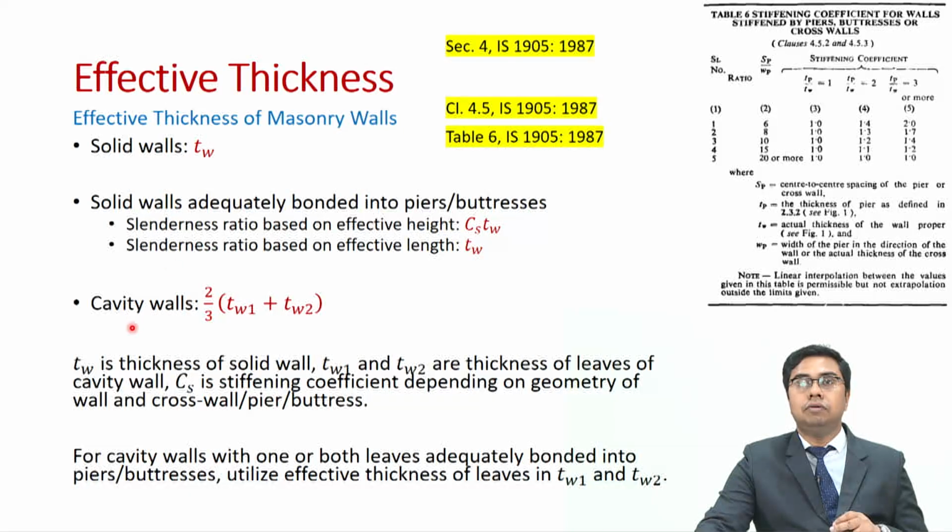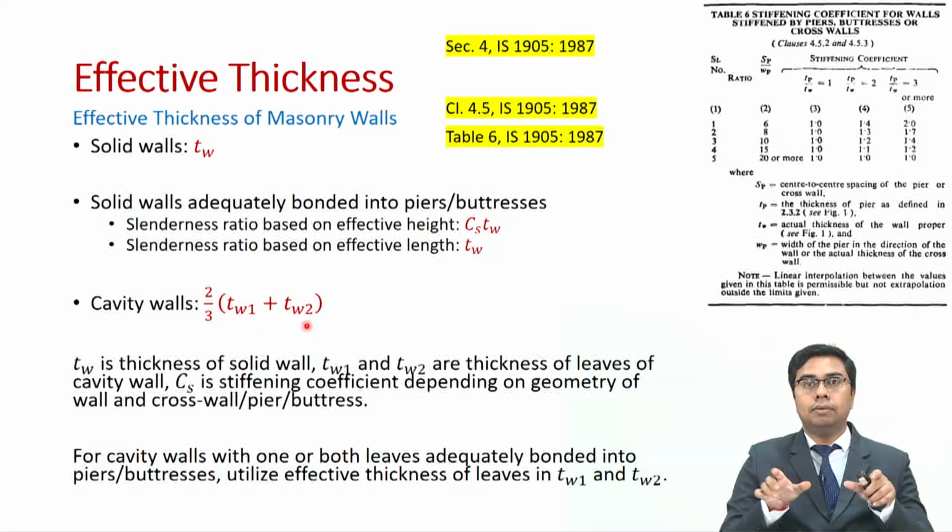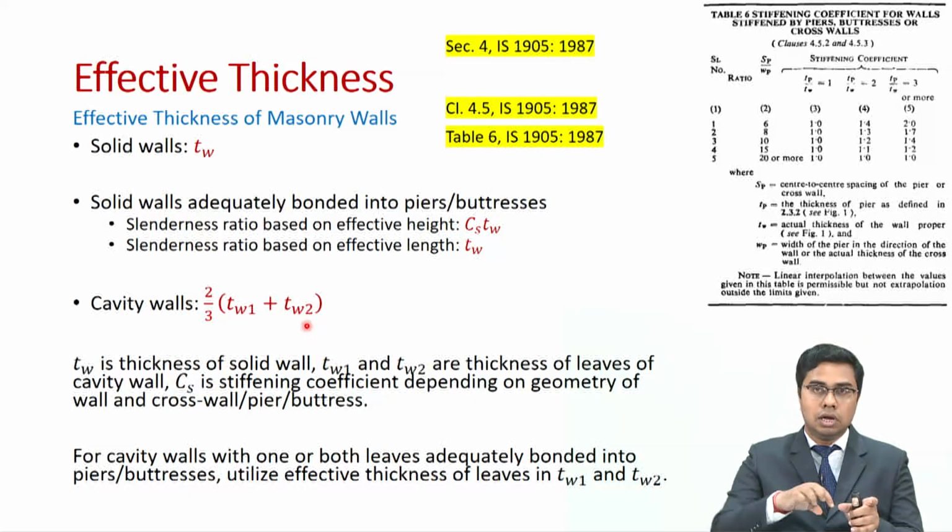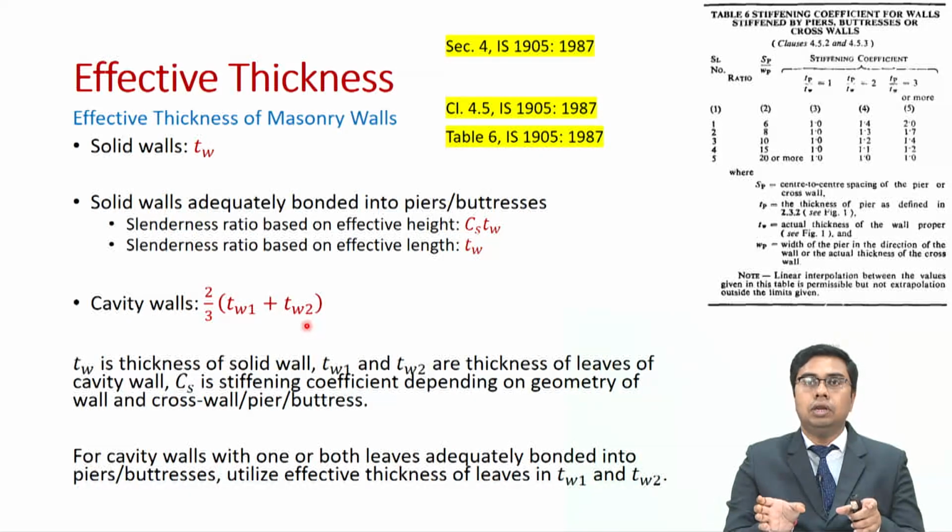Then we have cavity walls. In case of cavity walls, the effective thickness will be taken as 2/3 of the sum of the effective thickness of various leaves of the cavity wall. Typically in a cavity wall you have two leaves because you have a hollow space between the two leaves, or sometimes they are also called as widths, and between those two leaves you have some gap for thermal insulation.